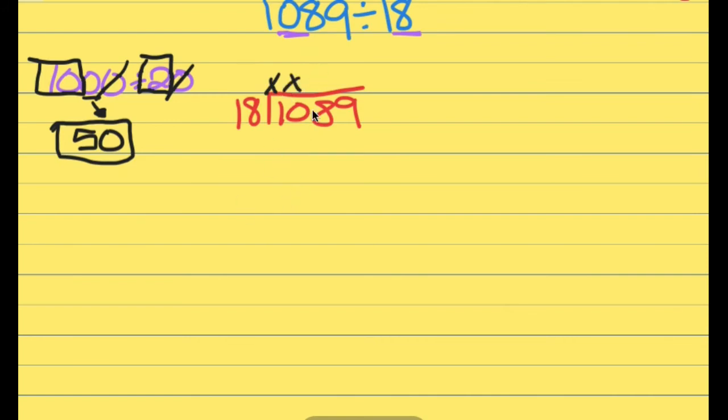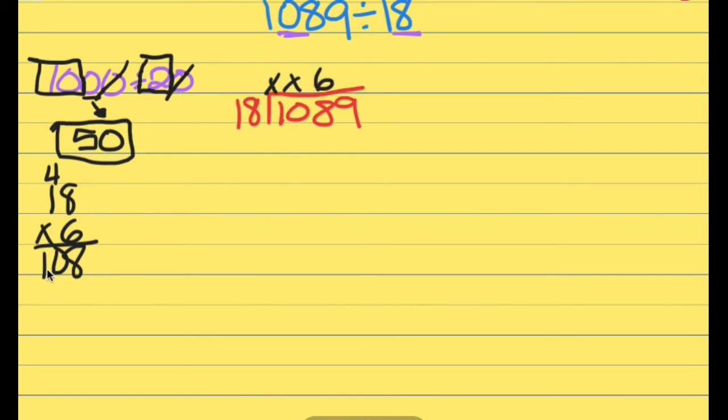So we need to figure out how many times 18 can go into 108. I'm just going to do some guesstimation here. 18 times 6. 8 times 6 gives us 48. Carry the 4. Then 4 times 6 plus 4 gives us 10. Look at that, 108 on the dot.